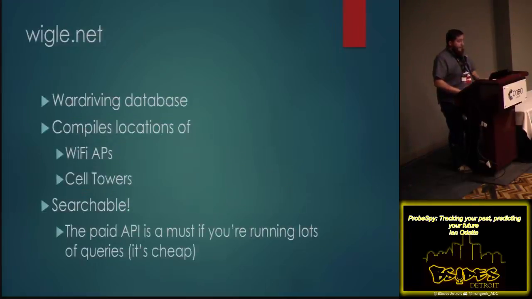So they'll actually do it for Wi-Fi access points and cell towers, which is not useful for this talk, but it's kind of interesting in general. And again, it lets us search by a whole bunch of different query parameters. We can bound to specific latitude and longitude coordinates to search by. We can search by SSID, by portions of SSIDs, by BSSIDs, by encryption type, by first and last seen date. There's a whole bunch of different variables in there.